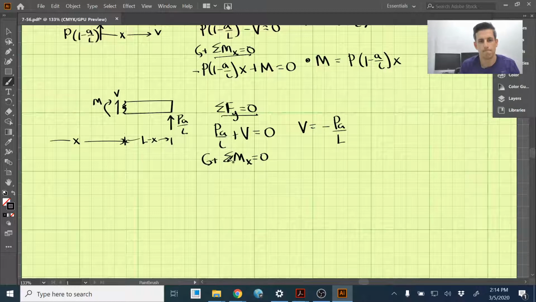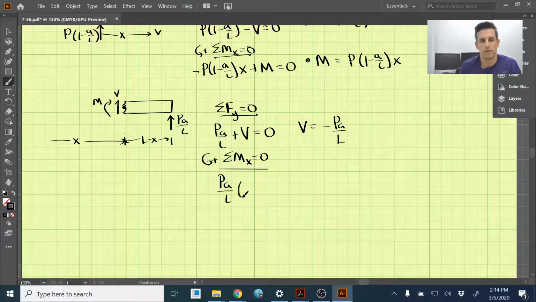All right, now let's take the sum of the moments around X, set those equal to 0. We're taking the moments around this point here. PA over L is going to have a counterclockwise moment, so PA over L multiplied by the distance. The distance X is away from the end at B here is L minus X. Then we have plus M, is M positive around?